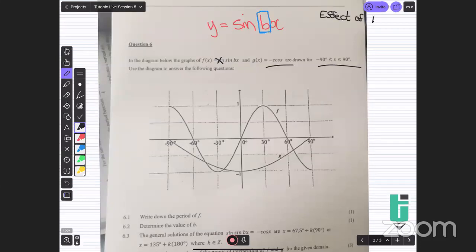Well, the effect of b is that it changes the period. But that does not mean that b is the period. It changes the period, okay?